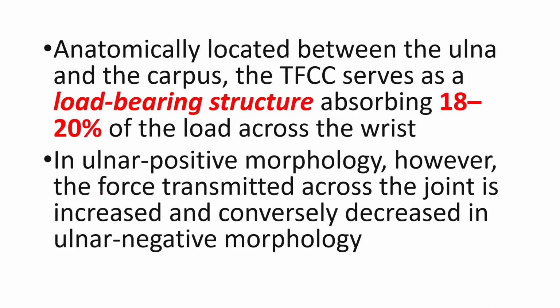Now, in ulnar positive morphology, meaning that the ulna is longer at its distal end with respect to the radius, the force transmitted across the joint is increased, and conversely decreased in ulnar negative morphology where the ulna is shorter. So the load increases with ulnar positive morphology and it decreases with ulnar negative morphology.